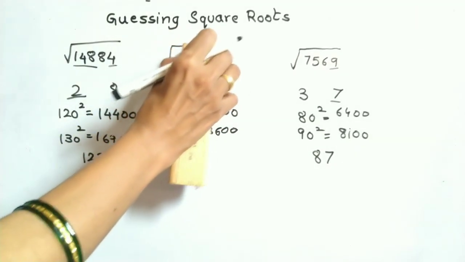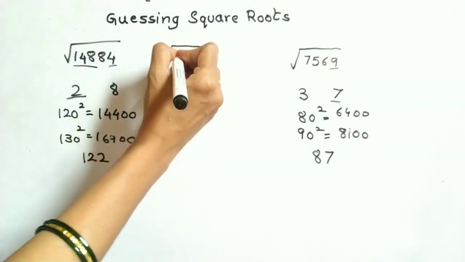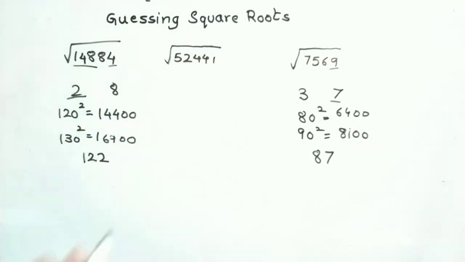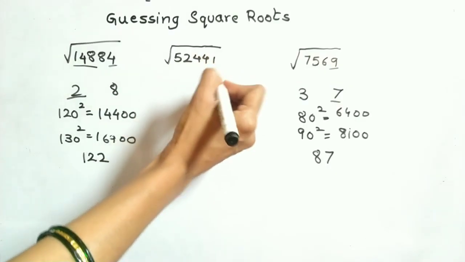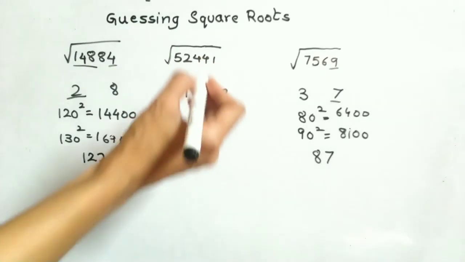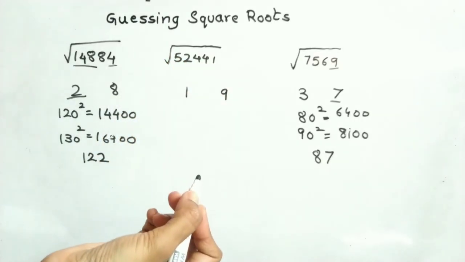One more example we'll see. 52441. Okay. Now the last digit is 1. So we have two options again, 1 and 9. Now this is 52441. We know that 22 square is 484.